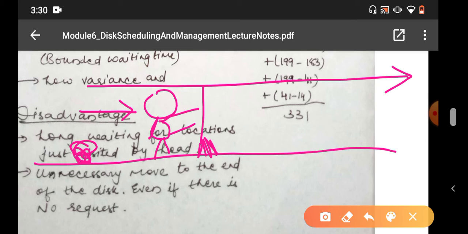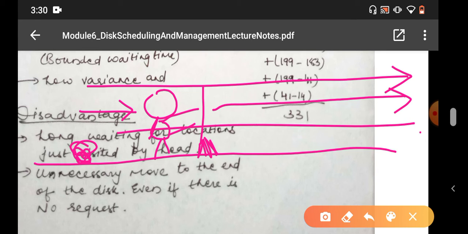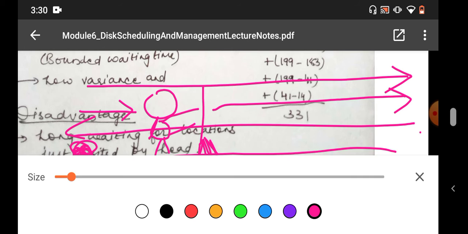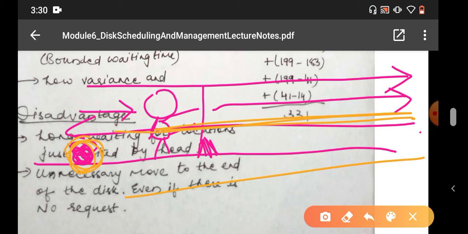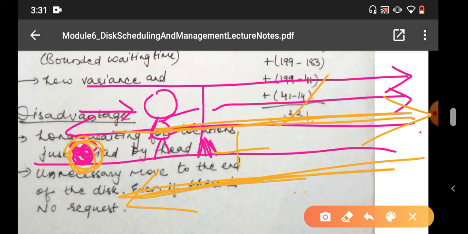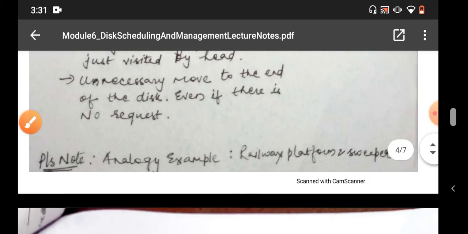Then the thing is that after he finishes the whole work over here, only then can he return and do this work. So it will take a long time to attend this portion of work. It takes much time after returning from this whole line and then returning again. So this much delay, this much seek time, is there for servicing this particular request, and that has to be taken care of.